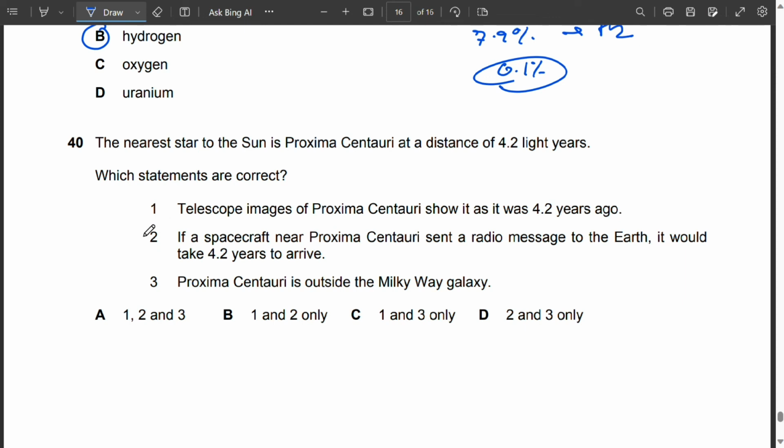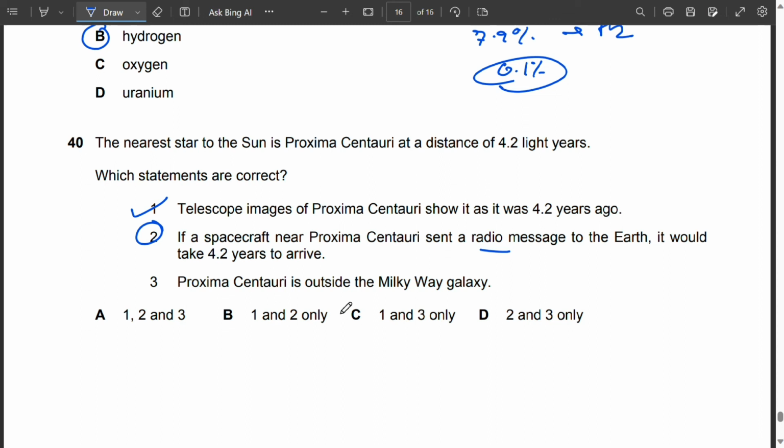I think this statement is correct, because if the light takes 4.2 years, the telescope images also use that light only. So whatever image is shown is from 4.2 years ago. If a spacecraft near Proxima Centauri sent a radio message to Earth, it would take 4.2 years to arrive. Yes, because the speed of radio waves and light is the same.